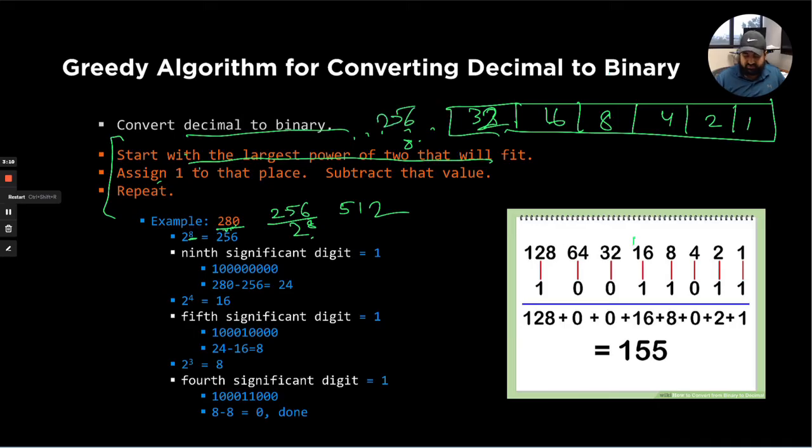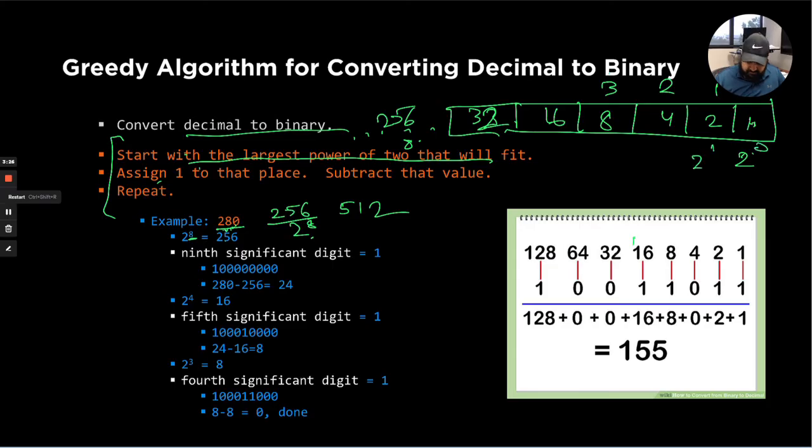Because we are storing a number here that represents an index, 0, 1, 2, 3, these are array indices, and the value at that particular index is essentially 2 to the power of that index.